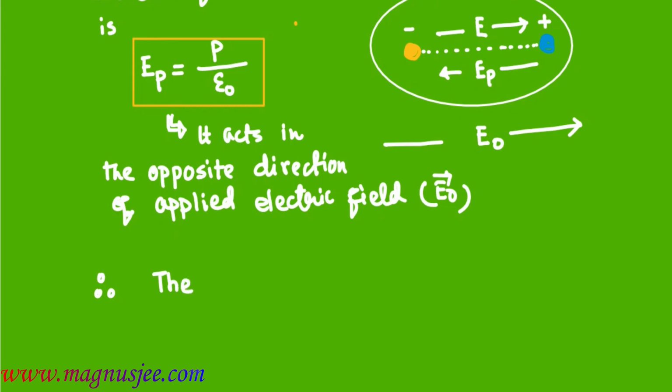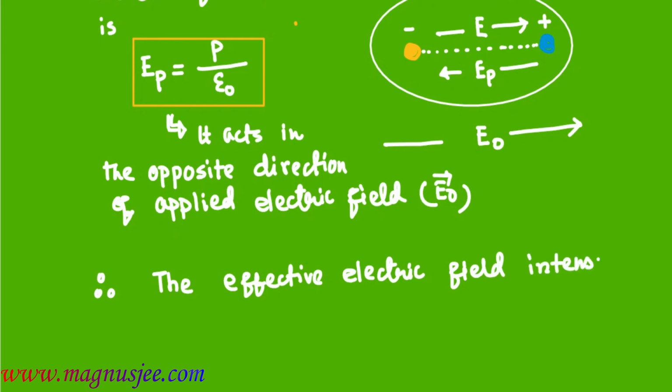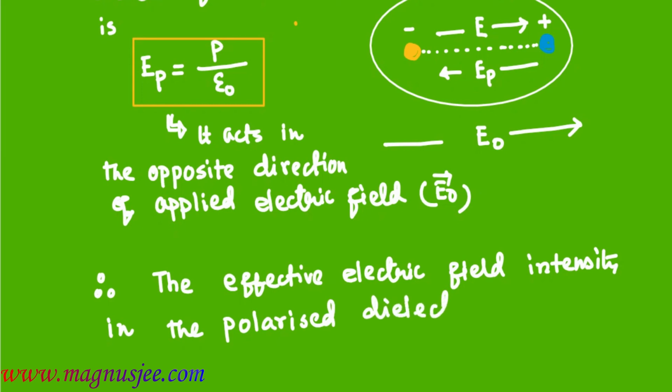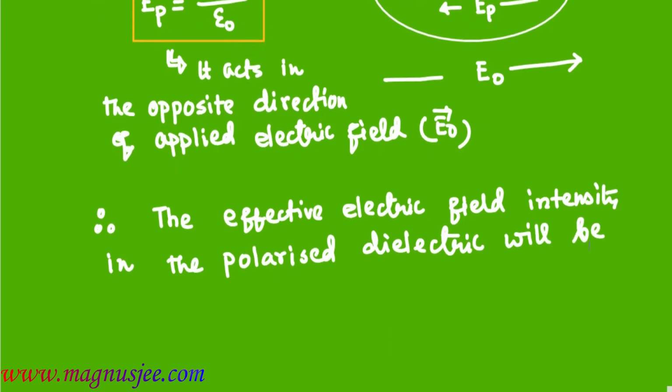Therefore, the effective electric field, that is the net electric field intensity in the polarized dielectric material, in which the center of positive charge is separated from the center of negative charge, will be E equals E0 minus EP.